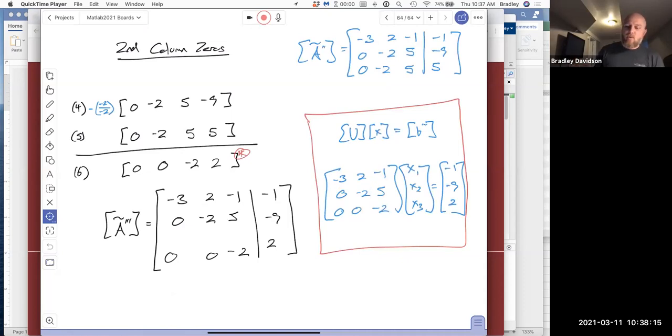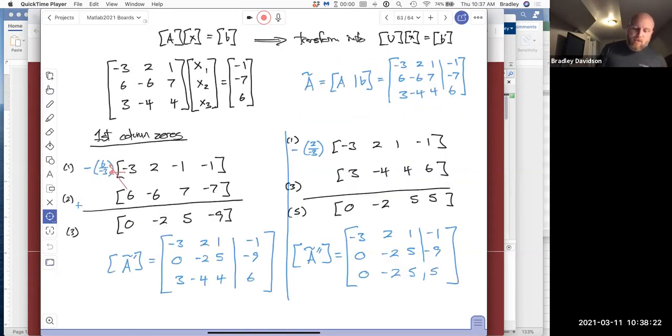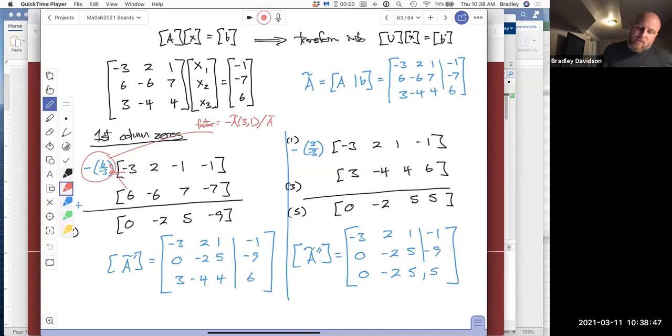Okay, and so as we think about what this looks like in a computer program, you're creating these multipliers. To create this multiplication factor, it's negative a tilde, indexing 3, 1, and then we're dividing it by a tilde of 1, 1.